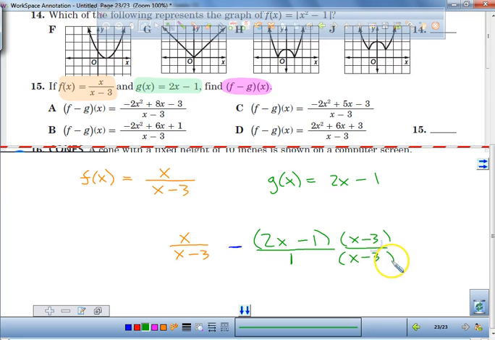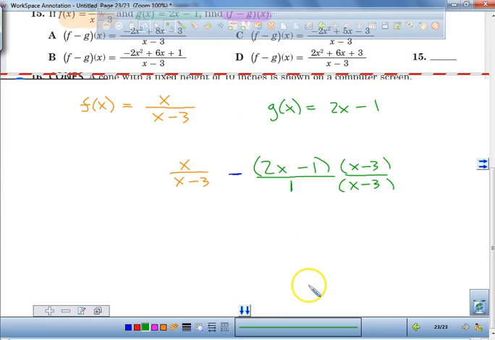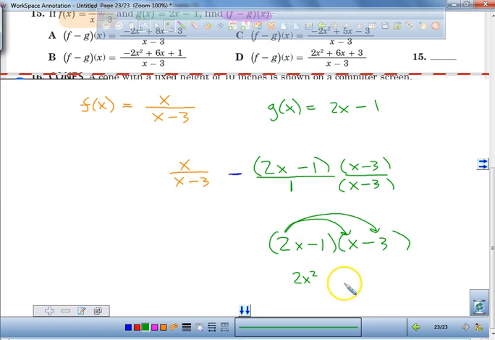So unfortunately, we've got to take x minus 3 and multiply it by 2x minus 1, which requires you to do the what? FOIL method, that's right. Sorry, I had a little audio problem right there. So here we go. Let's get this FOIL method taken care of. 2 times x, 2x squared. 2x times negative... What's negative 1 times x?